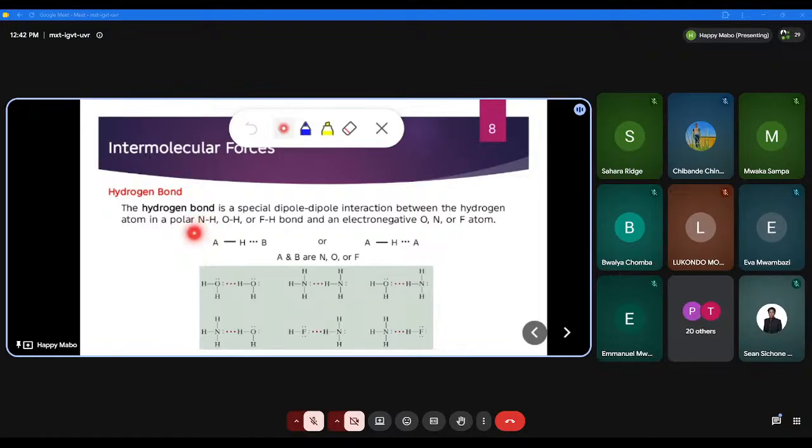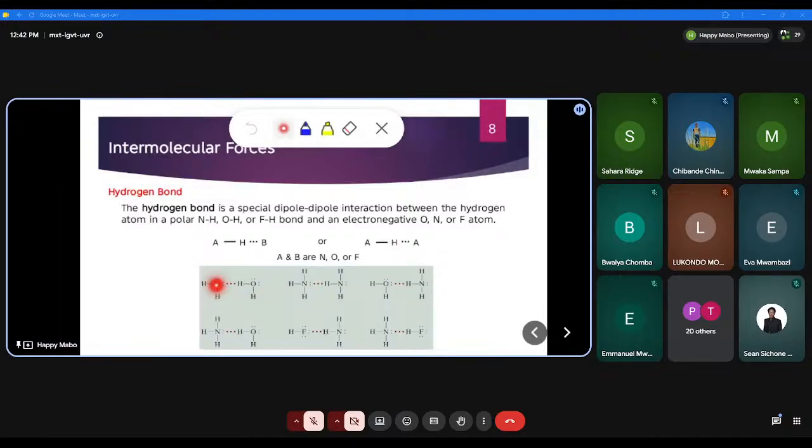A polar bond may be a nitrogen-hydrogen, oxygen-hydrogen, or fluorine-hydrogen bond, and there should be an interaction with an electronegative atom, such as oxygen, nitrogen or fluorine. So with the use of a diagram, explain how hydrogen bonding takes place.